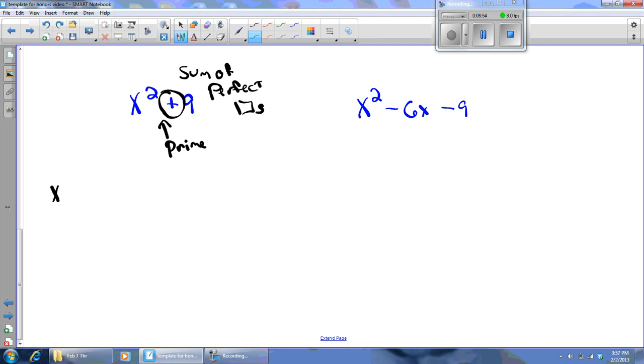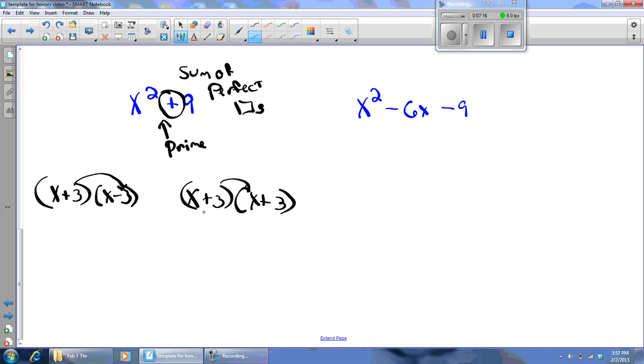If you factored it like this, and you FOILed, what would happen when you got your lasts? You'd get a negative 9. We have a positive 9. What would happen if you did them both positive? Well, then your outers and inners wouldn't cancel. You'd have a 3x and a 3x. You'd have a plus 6x in there. There is no plus 6x. If you did them both negative, you'd have a minus 6x. There is no minus 6x.